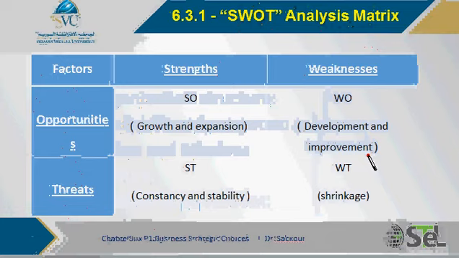So here, we identify our business strengths, 1, 2, 3, 4, and our weaknesses, 1, 2, 3, for example.